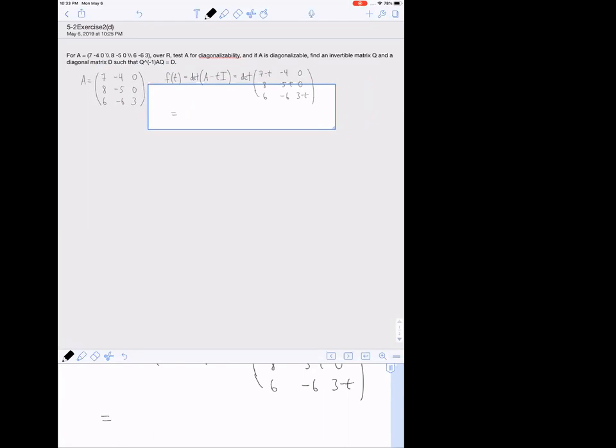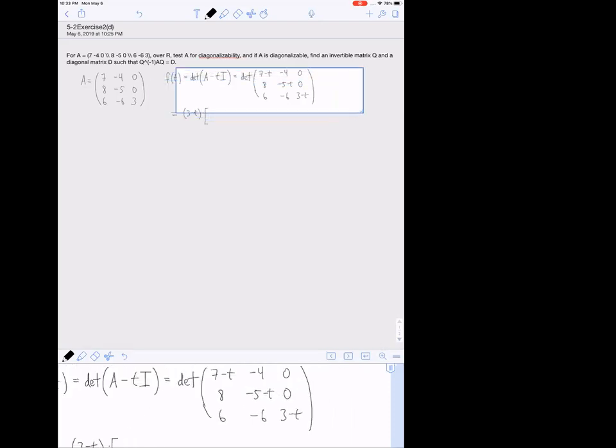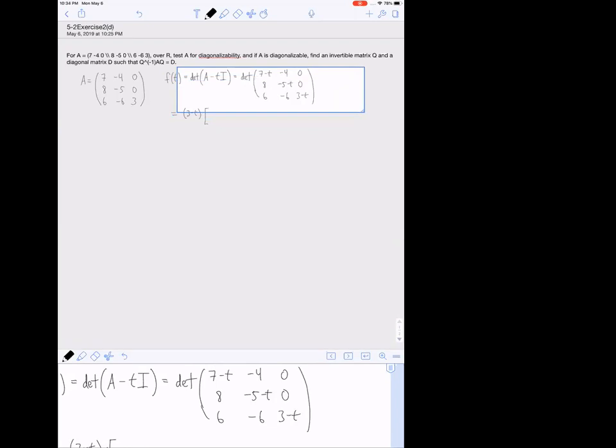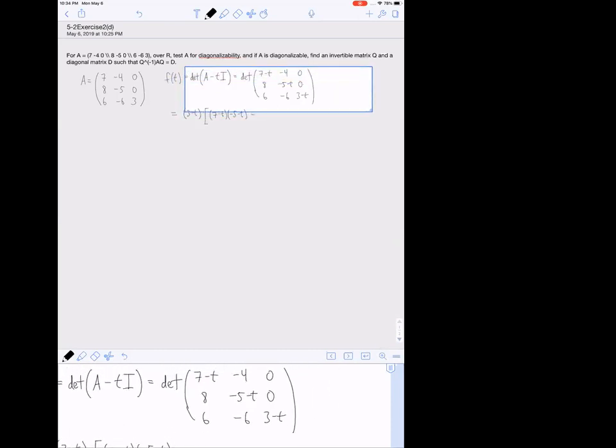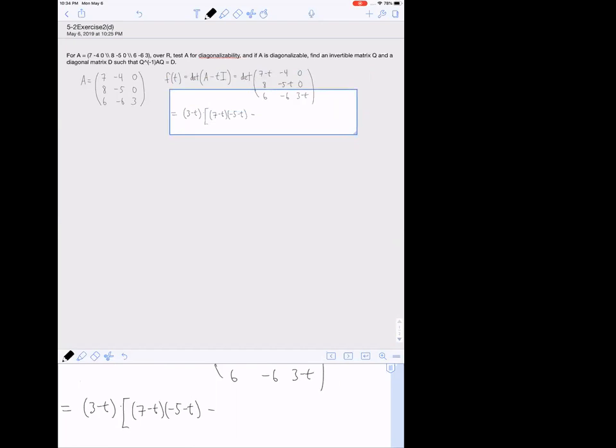Minus 0 times a 2 by 2 determinant, doesn't matter, plus 3 minus T times the resulting 2 by 2 determinant of the minor, which is just 7 minus T times minus 5 minus T, minus 8 times minus 4 would be negative 32. So I'll turn that into a plus 32, and that's it.